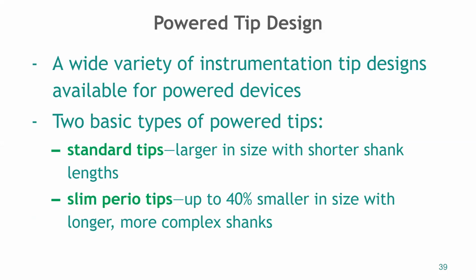There are two basic types of powered tips. We have a standard tip, which is larger in size with a shorter shank. And then we have our slim perio tips, which are about 40% smaller with longer, more complex shanks. So just like our hand instruments, we have ones that are larger, and then we have our thinner ones.